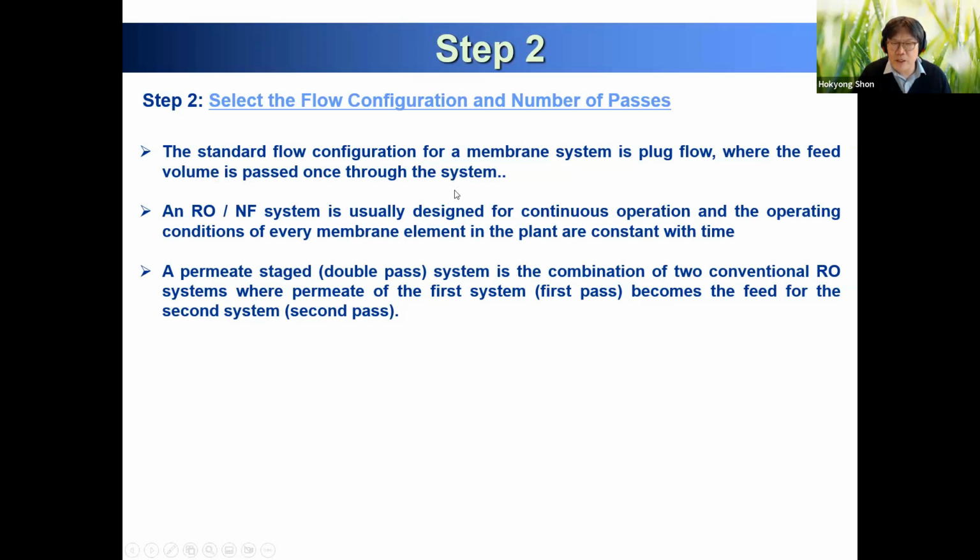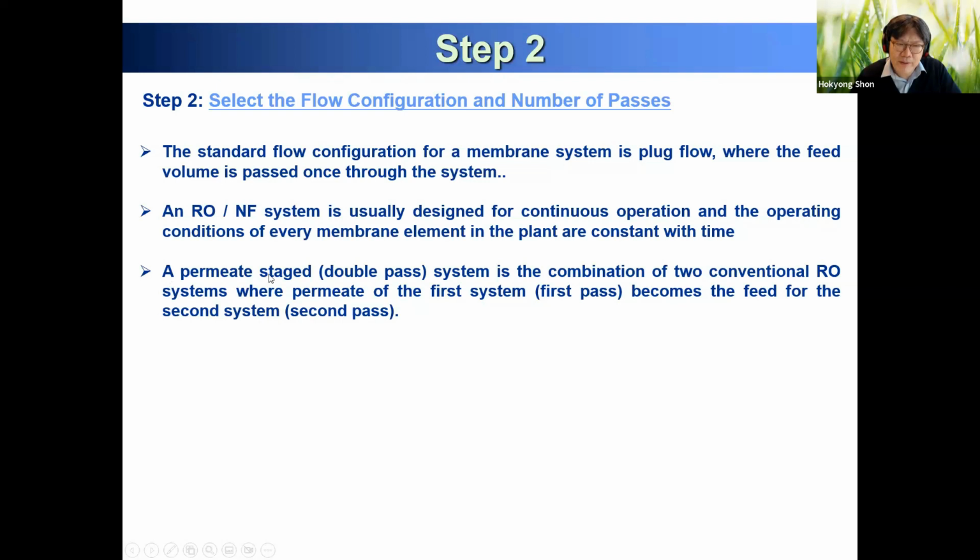The feed water passes through the system only once; it is not recirculating. Our system is usually designed for continuous operation, and the operating conditions of every membrane element in the plant are constant with time.